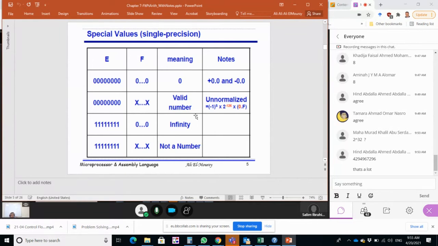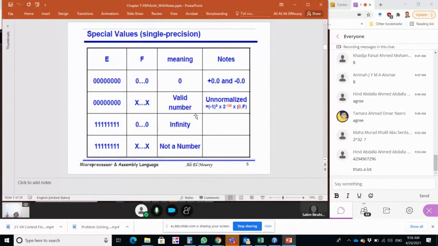Before we go to that, we need to discuss some reserved combinations. What are the reserved combinations? This table shown right now shows some special values for the exponent, E here for exponent, and F here for the fractional mantissa.